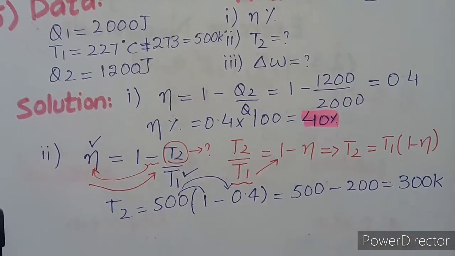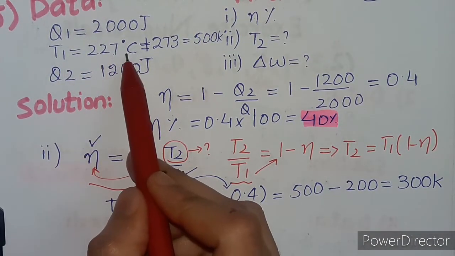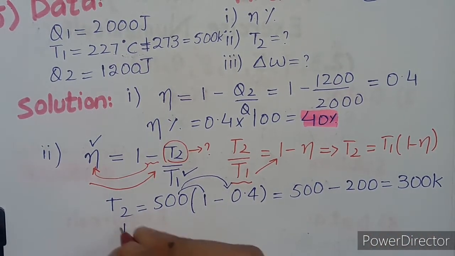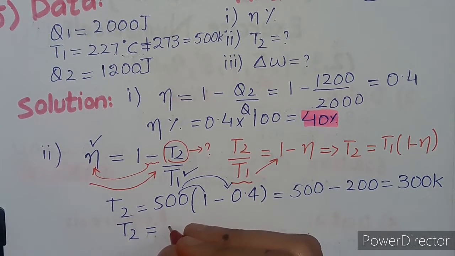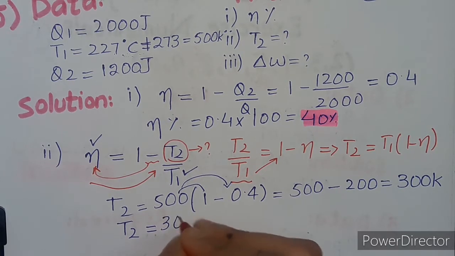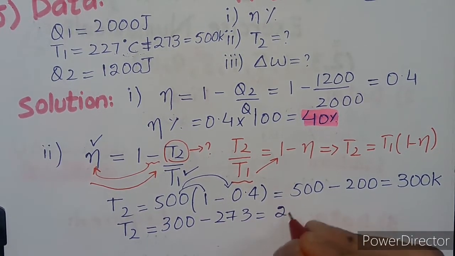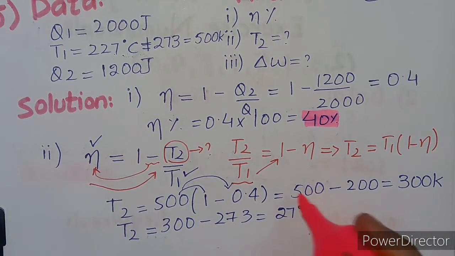Now changing it into degrees, because T1 was given in degrees, we have to change the T2 value into degrees Celsius. So 300 minus 273 gives 27 degrees Celsius. This is the answer for T2.